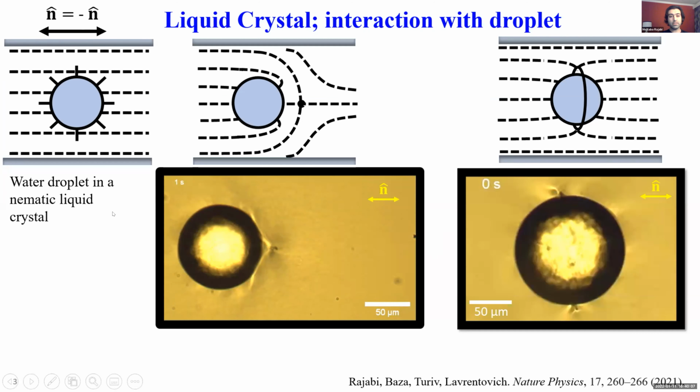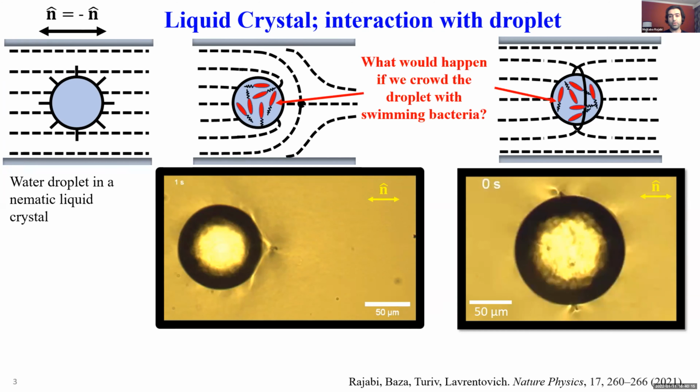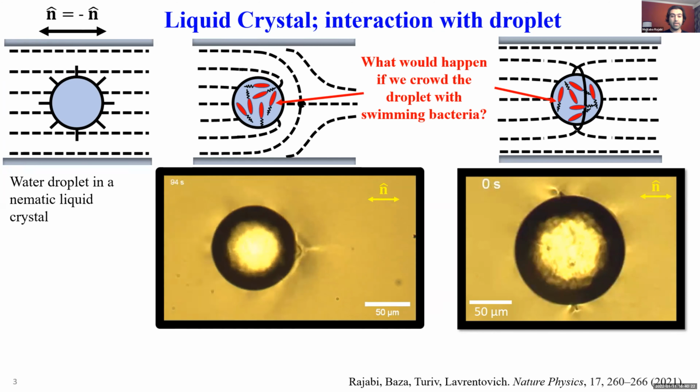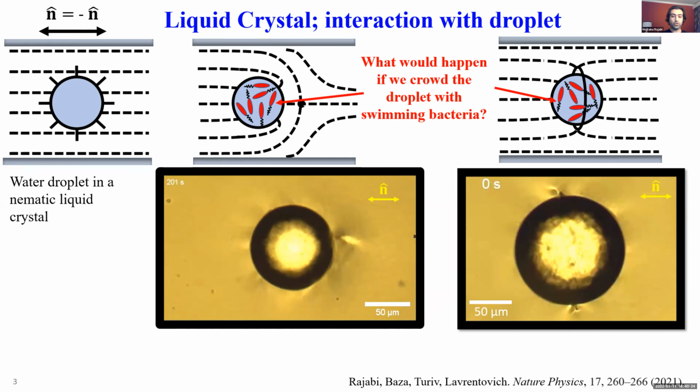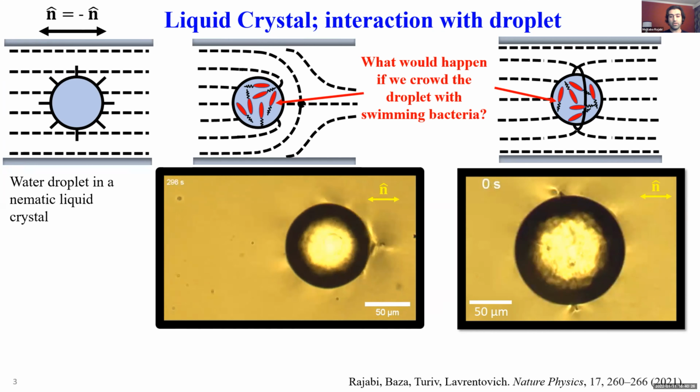These droplets by themselves are stationary. They just do some random Brownian motion. Now we ask, okay, what would happen if we put some swimming bacteria inside the droplets? And here is what happens with the droplet with the hedgehog, the asymmetric structure of the director. It propels from left to right.